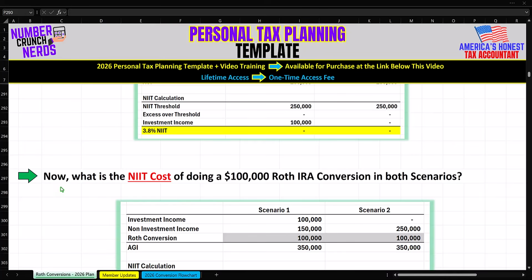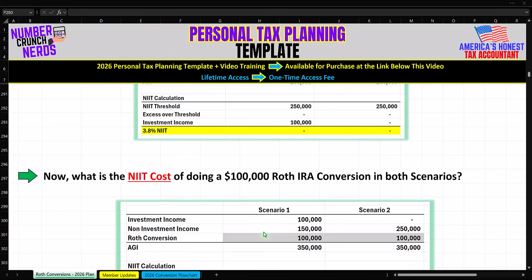Okay, now continuing the example, what is the net investment income tax cost of doing a $100,000 Roth IRA conversion in both of these scenarios? In other words, for scenario 1, we will still have our investment income of $100,000. We will have our non-investment income of $150,000.